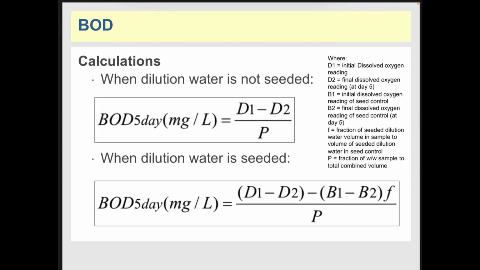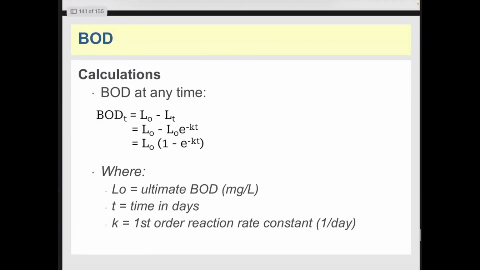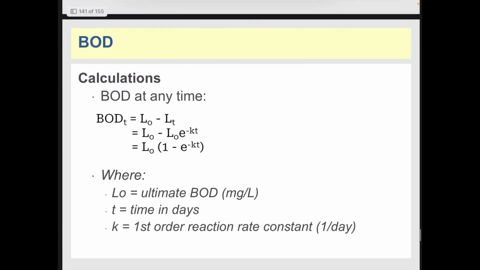So the fraction would be the volume of the water sample over the total volume, that would be the total water included plus the water sample. So that is for BOD5.